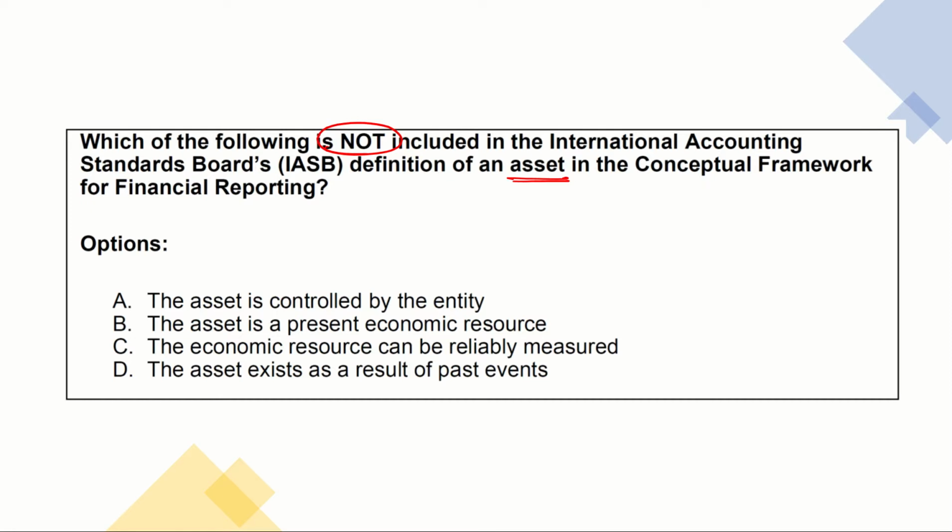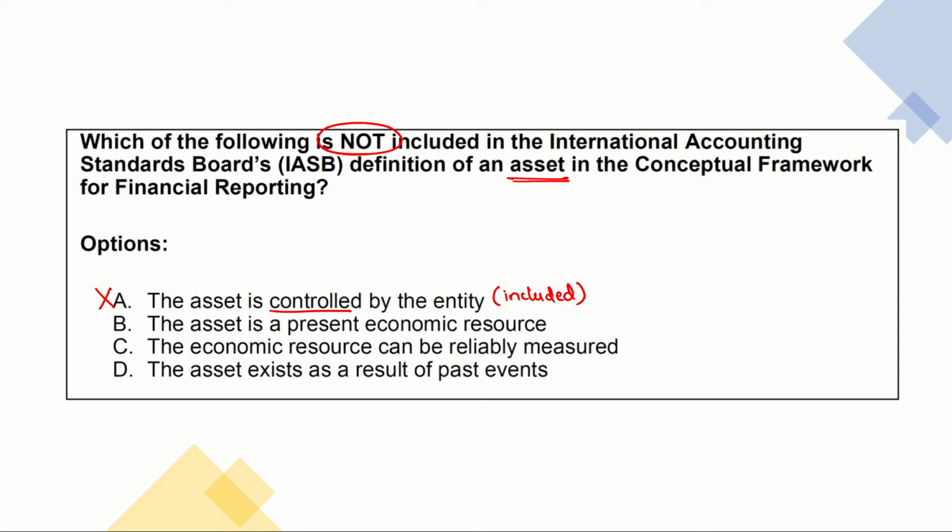So it says that asset is controlled by the entity. This is definitely a part and included in the definition of the asset. Therefore, it cannot be considered as my answer, because we know that you need to control the asset in order to be recognized in the financial statements.